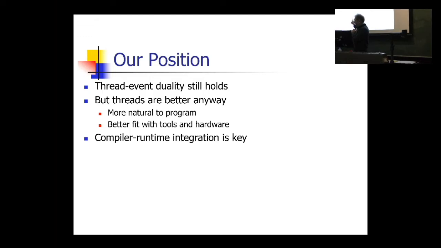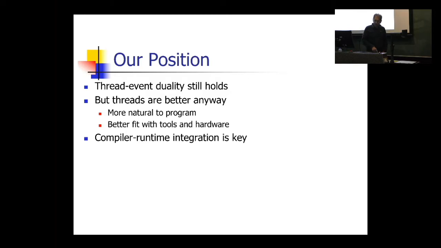Notice we're 8 years later, where threads have become well supported for applications on all the modern operating systems. And they're arguing that to get the performance of events in a thread-based system, it's really all about compiler and runtime integration.